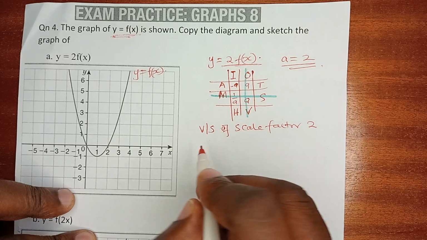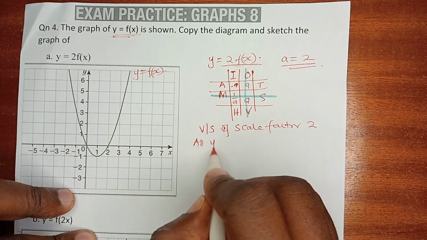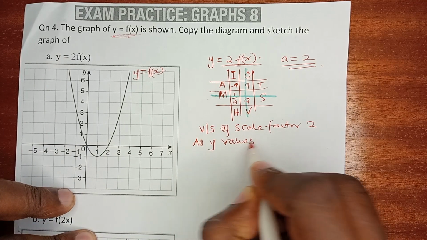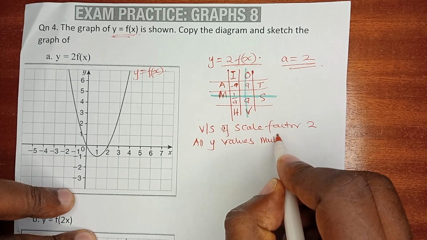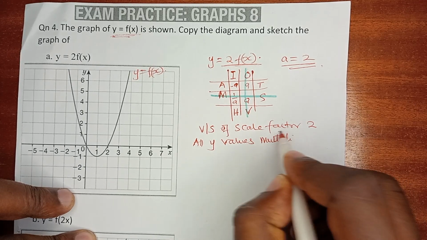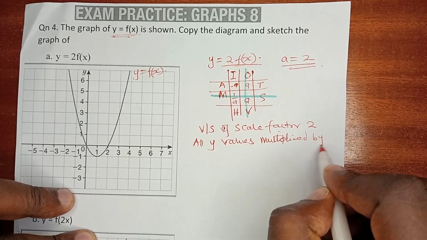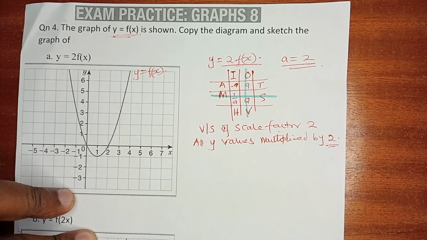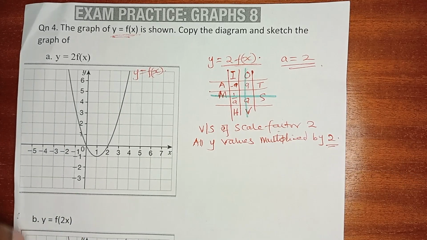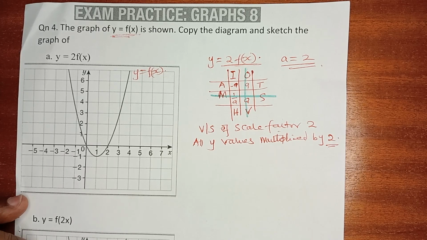What does that mean? All y values multiplied by 2. And I want us to just sketch the graph here.